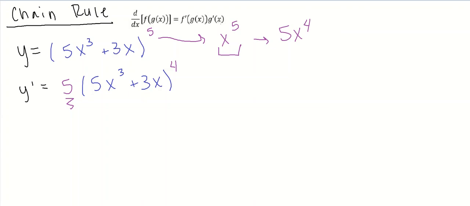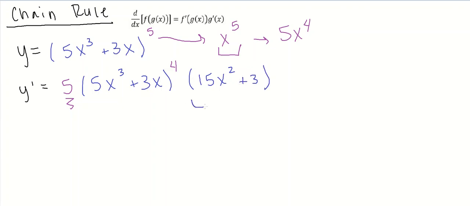But now we need to multiply all of that by the derivative of the inside. So this is where we take the derivative of the inside, and the inside is this blue piece. So we need to multiply everything we have by the derivative of the blue piece. The derivative of 5x cubed is going to be 15x squared, and then the derivative of 3x is going to be 3.